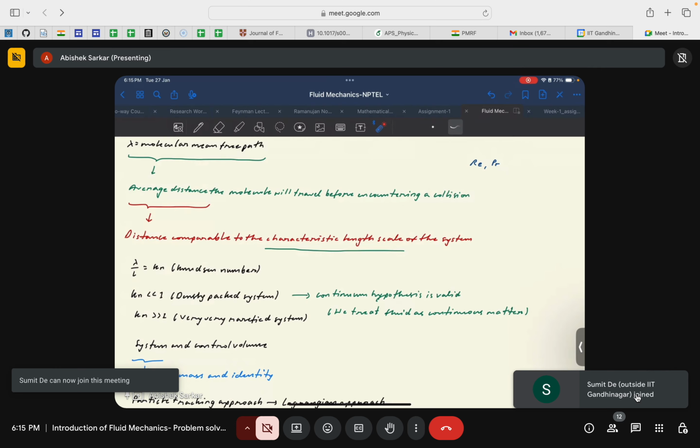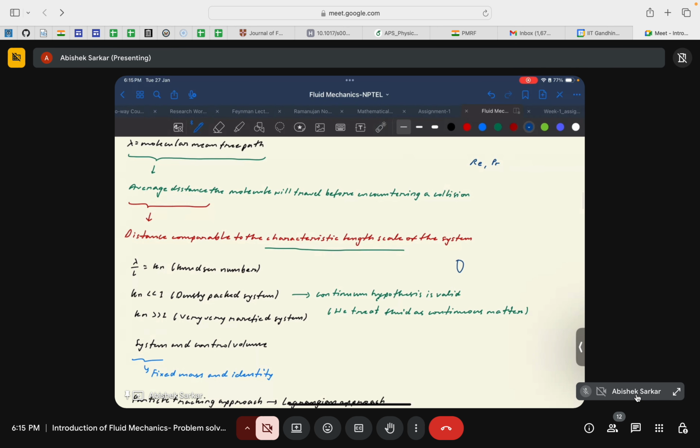For example, if we consider a pipe, I think this was again a definition example taken by Prof. Chakraborty. So if we consider a pipe, out of common sense again, we can understand that the two length scales that might be of relevance are the length of the pipe and the diameter of the pipe.